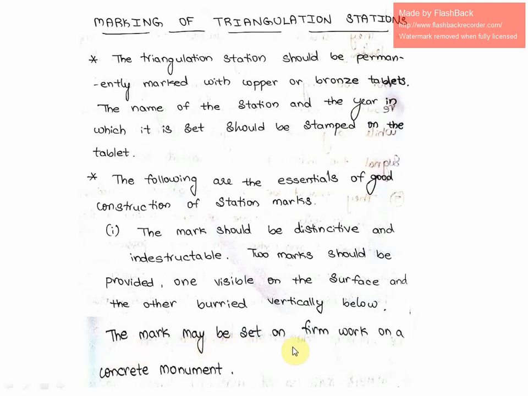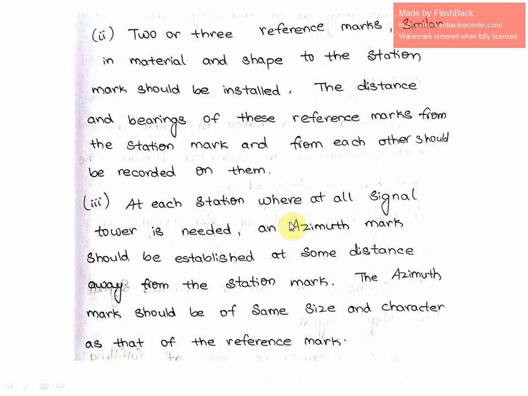Next, the mark may be set on the formwork of a concrete monument, that is, set on the concrete monument. And next, two or three reference marks, similar in material and shape to the station mark, should be installed.